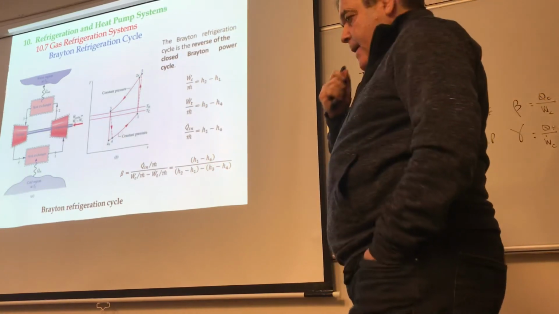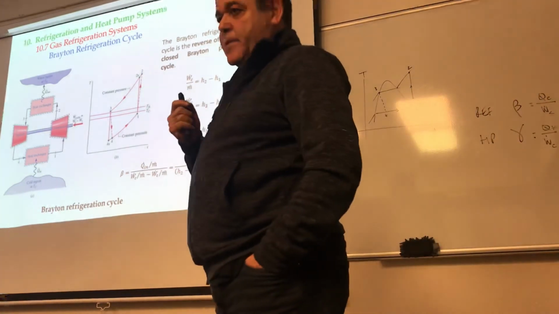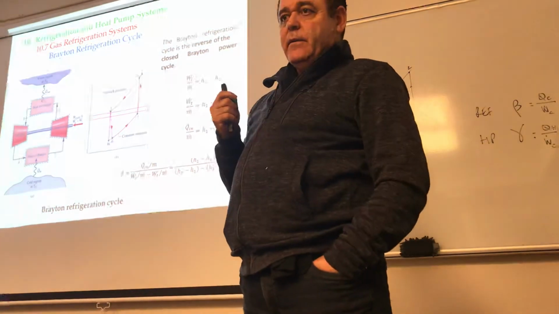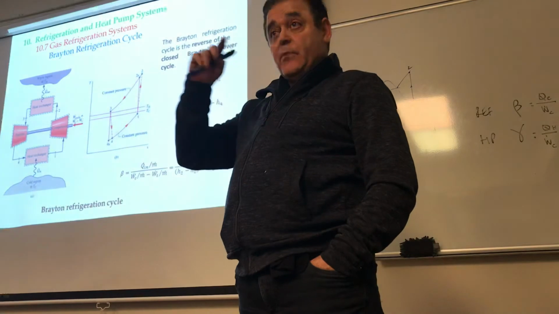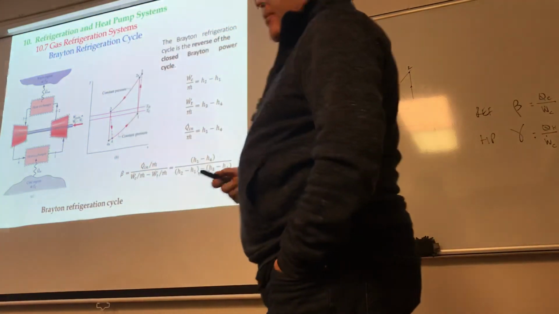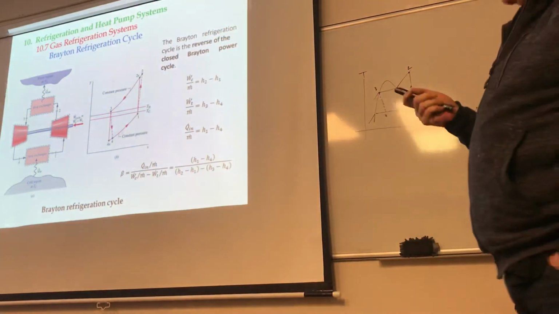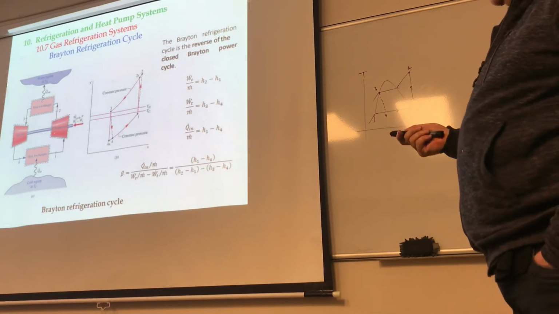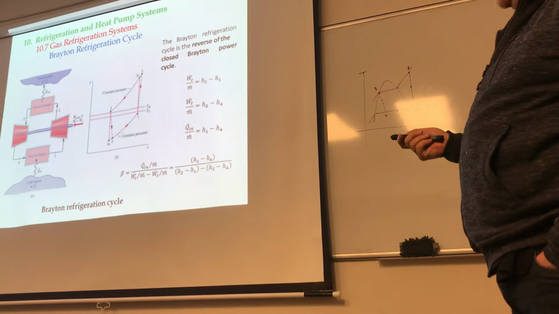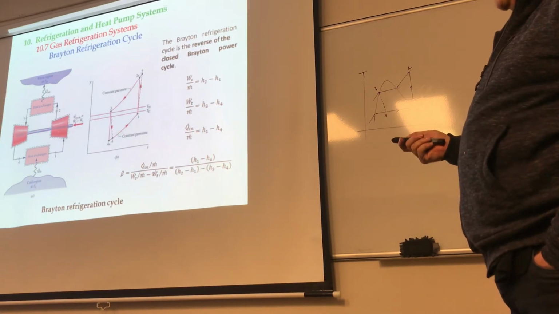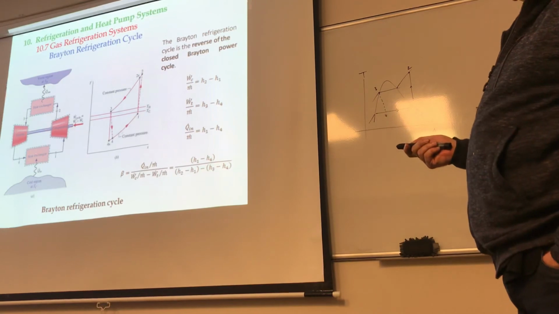And remember, the constant pressure ones are occurring through the heat exchangers, right? And the isentropic ones through the other components where you have no heat transfer. The compressor and turbine: isentropic through here, through there, constant pressure through there and there, right?